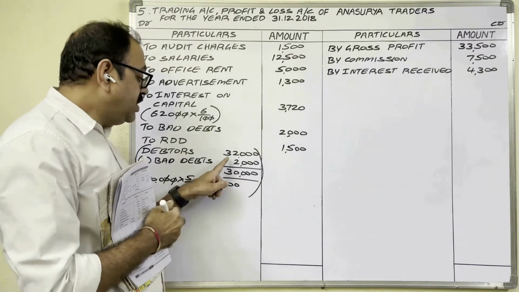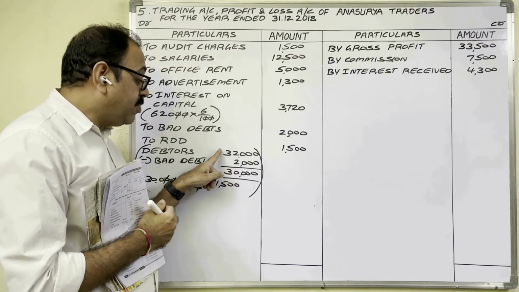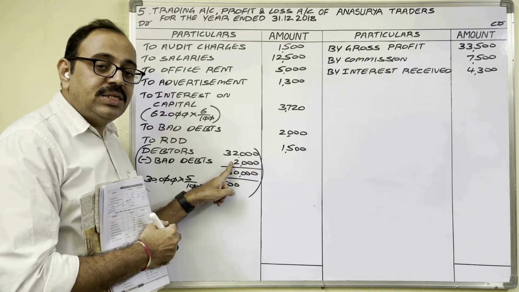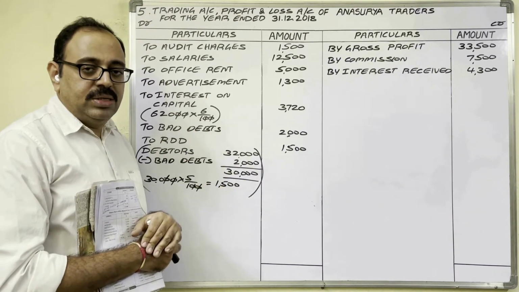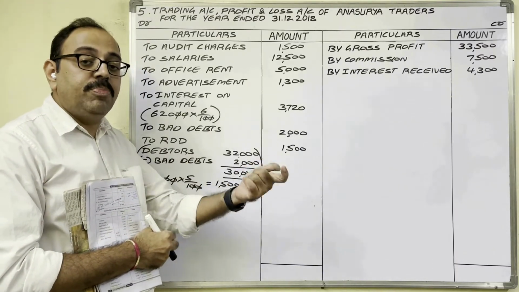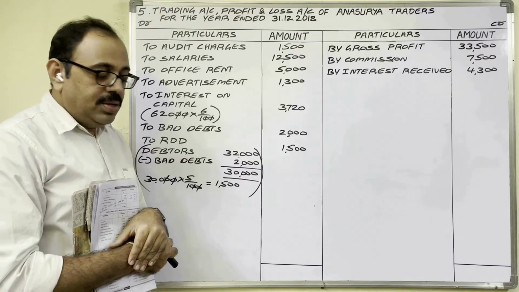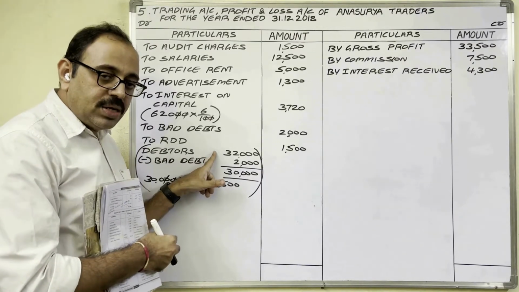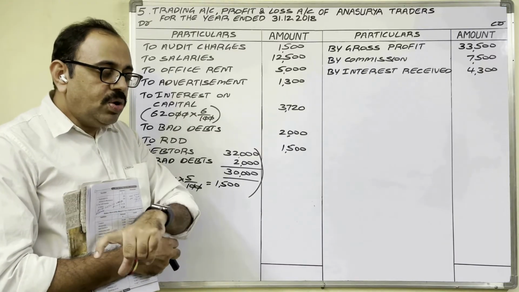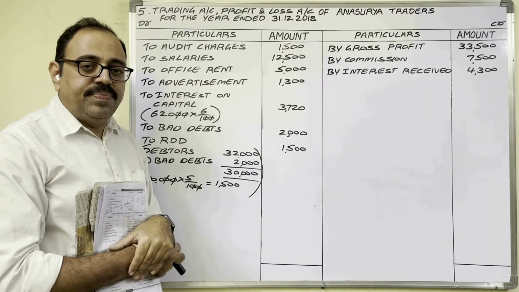Here, why are we subtracting this bad debt 2,000 from debtors? Because this 2,000 bad debt is given in the adjustments. Adjustment amount means what? It is not yet considered while preparing the account. So bad debts are related to the debtors. While preparing the debtors account, this 2,000 bad debt is not recorded.